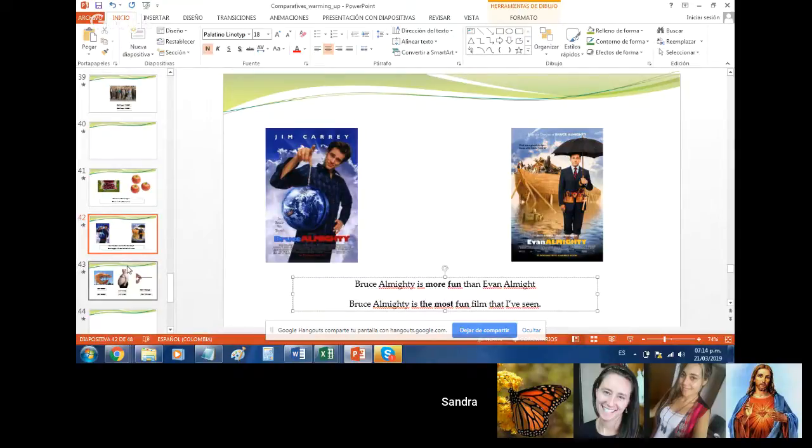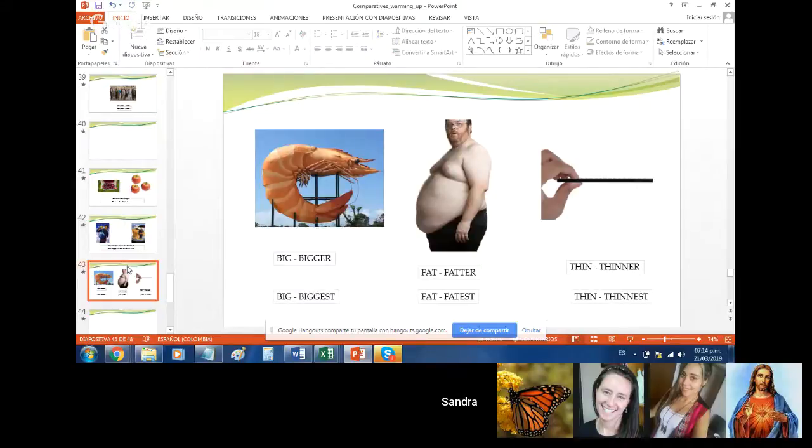And finally, we have one syllable adjectives. For example, big, in its superlative way, biggest. In its comparative way, bigger. ¿Cómo conocen ustedes cómo pueden intercambiar, cómo pueden conjugar en su forma superlativa o comparativa?